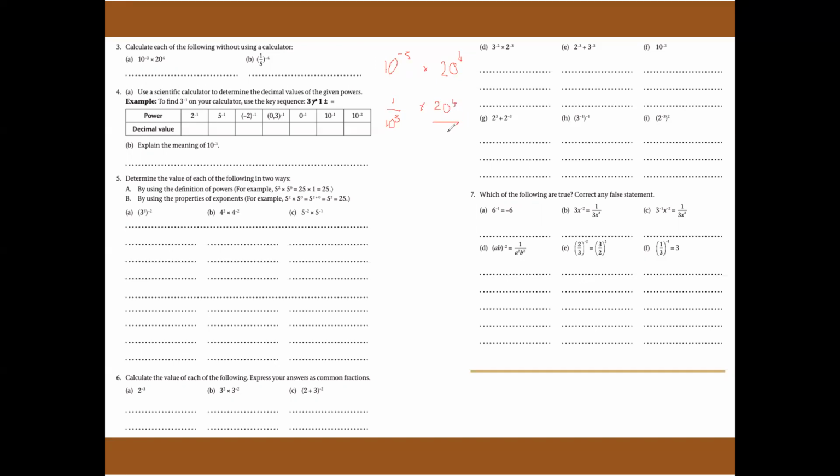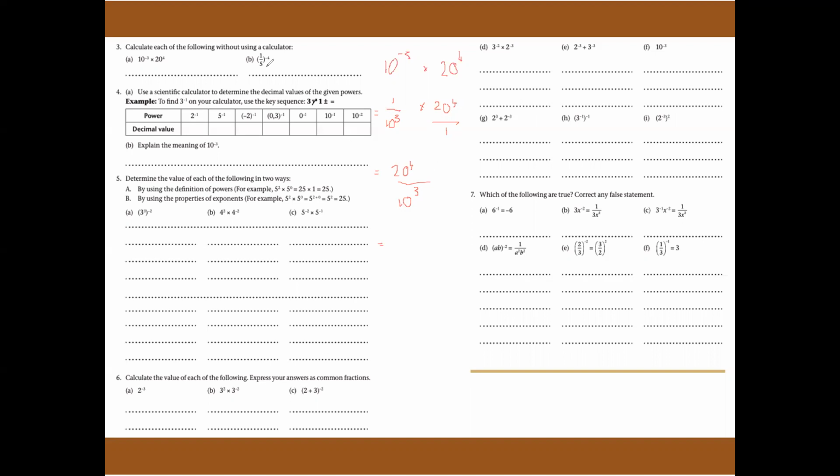And if you make it over 1, then these two can be multiplied together, where 20 to the power of 4 is your numerator and 10 to the power of 3 is your denominator.